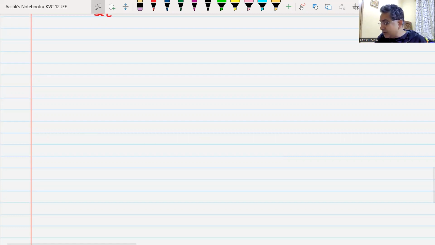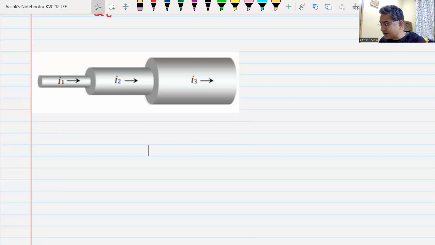Now, for example, if I have a conductor like this, this conductor may have different area of cross section. And if one current I1 is flowing in one part of the conductor, I2 in the other part, and I3 in the other part, will there be a relation between I1, I2 and I3? Will they be different, or will it be the same?